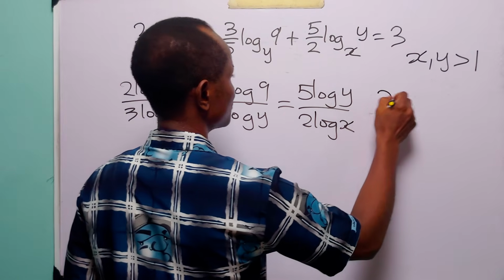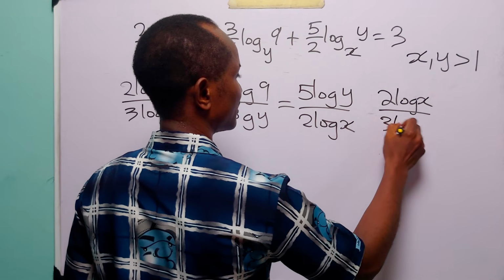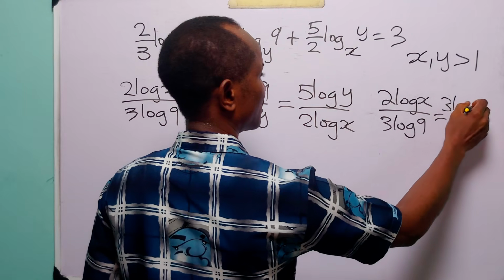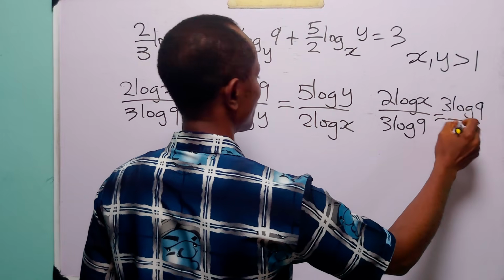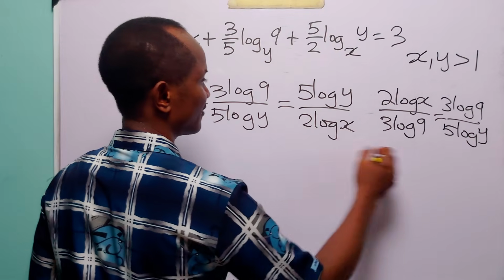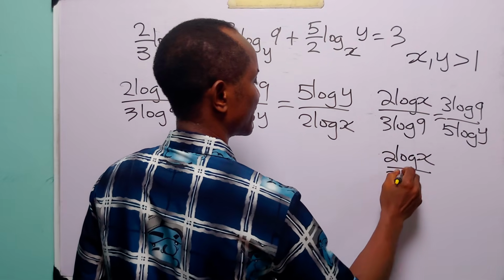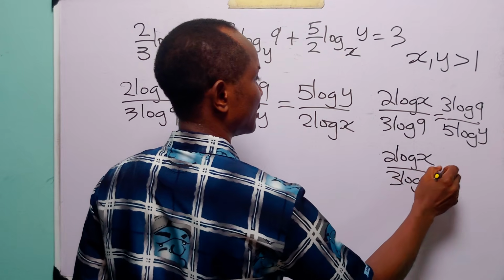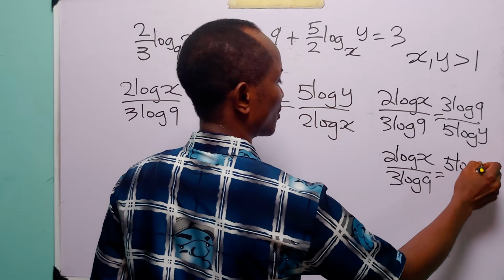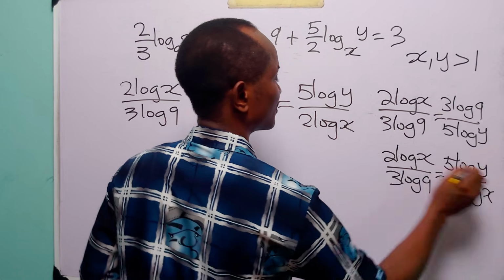We have that 2 log x over 3 log 9 is equal to 3 log 9 over 5 log y. And we have that 2 log x over 3 log 9 is equal to 5 log y over 2 log x.